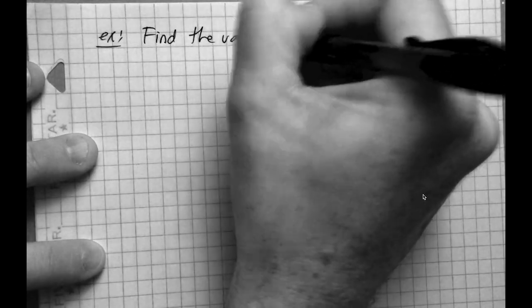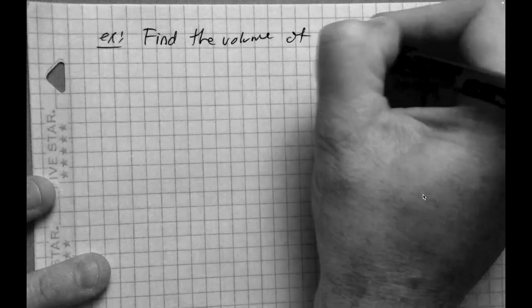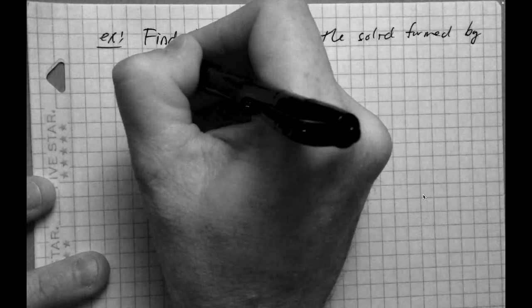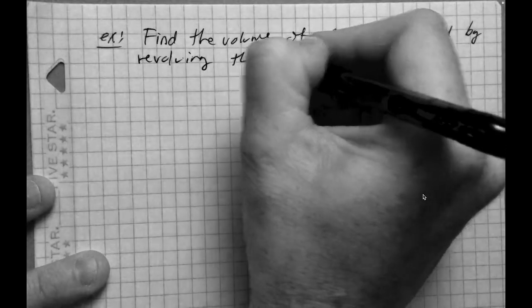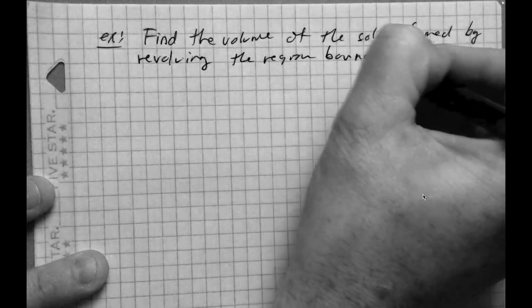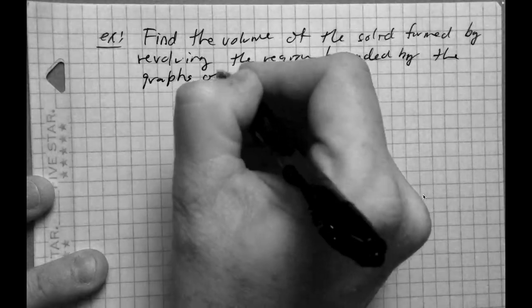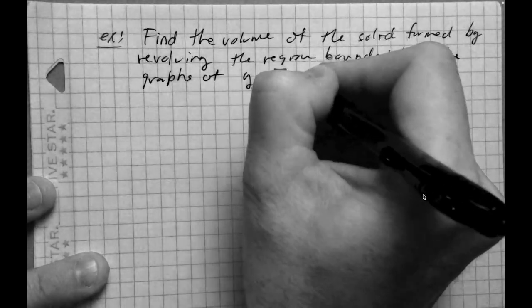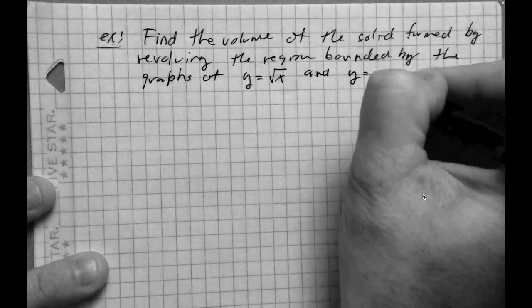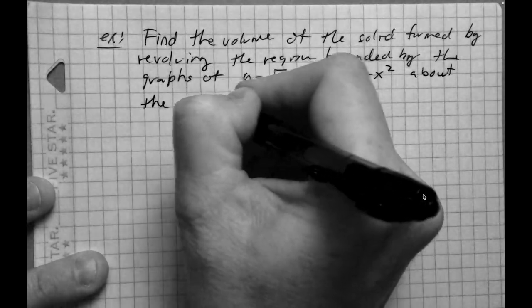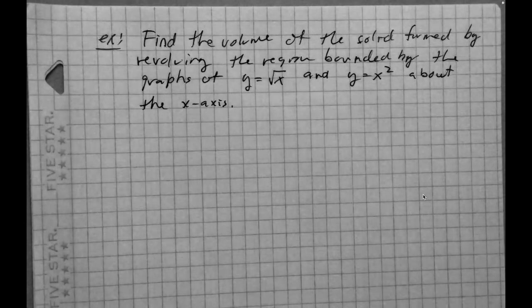Find the volume of the solid formed by revolving the region bounded by the graphs of y equals the square root of x and y equals x squared about the x-axis.